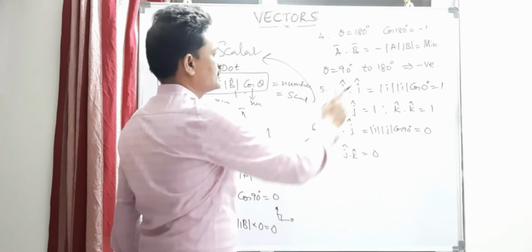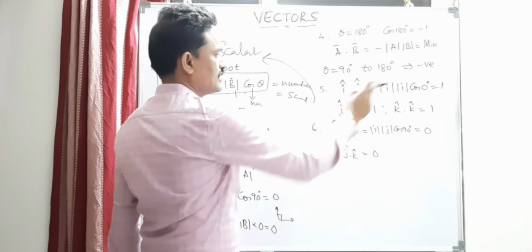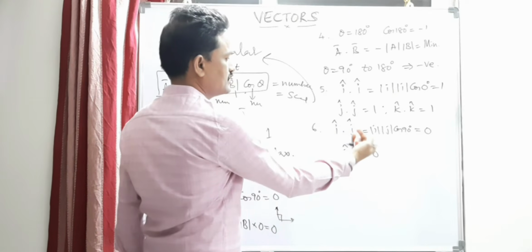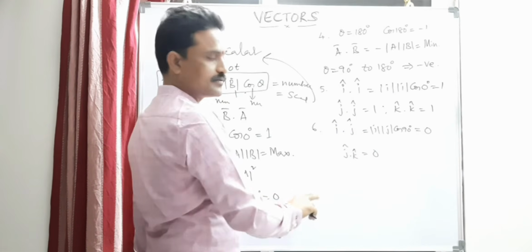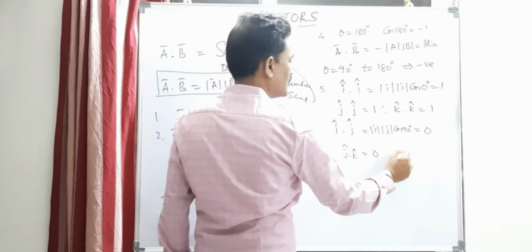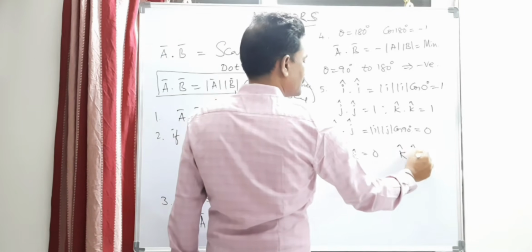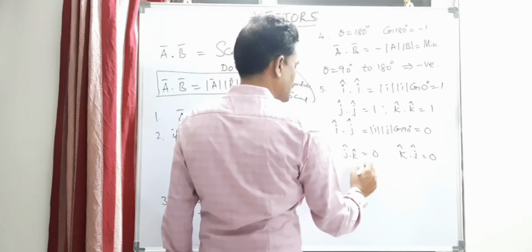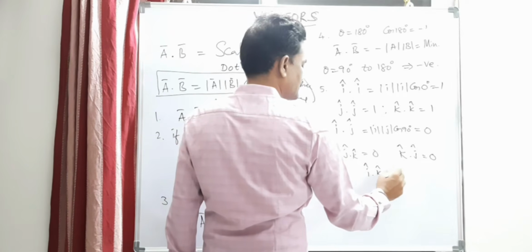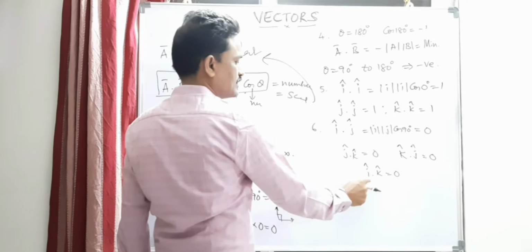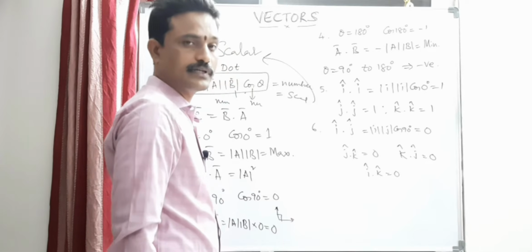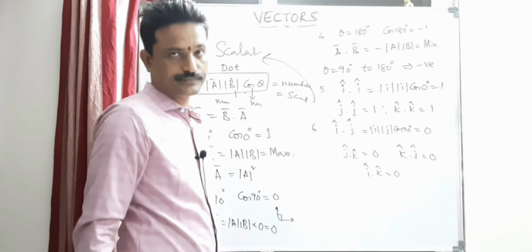So I dot I is equal to 1, j dot j is equal to 1, k dot k is equal to 1, I dot j is 0 or j dot I is 0, j dot k is 0 or k dot j is 0, or if you want you can write I dot k is also 0. The angle between x and z axis will also be 90 degrees. So the result is 0.